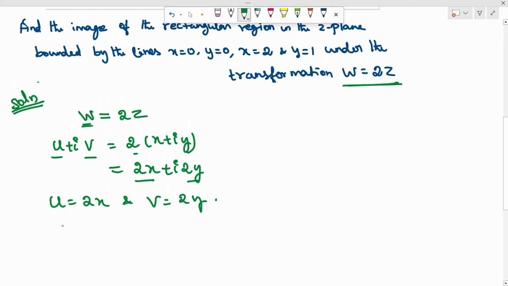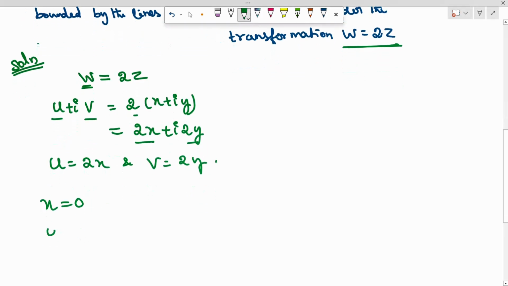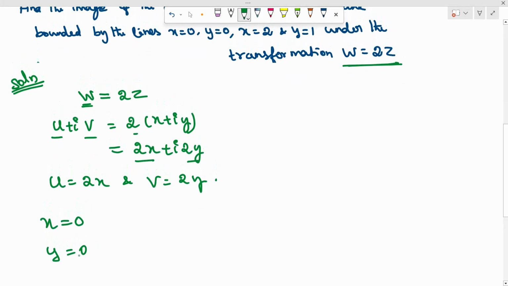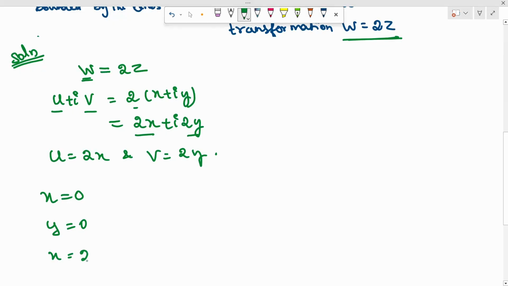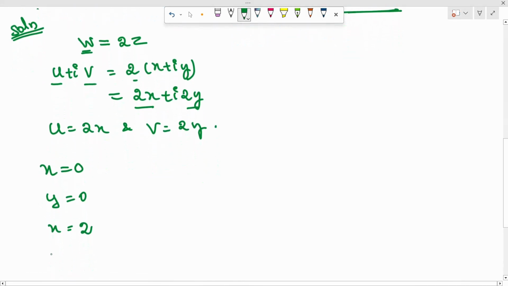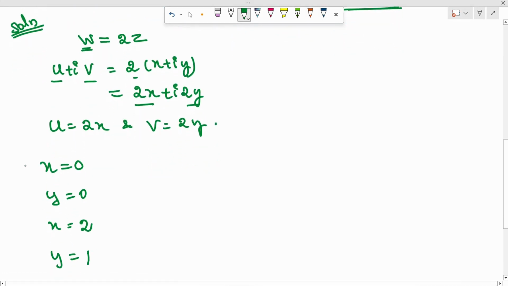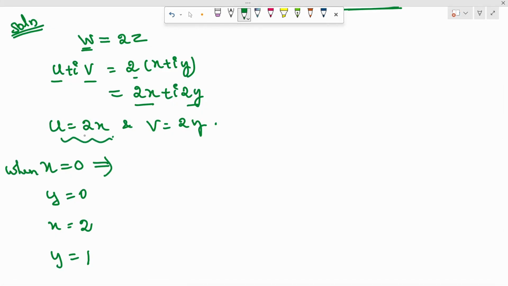Okay, and then the given z-plane values are x = 0, y = 0, x = 2 and y = 1. Now when x = 0, write u. Substitute here x = 0. What is u? u = 0.